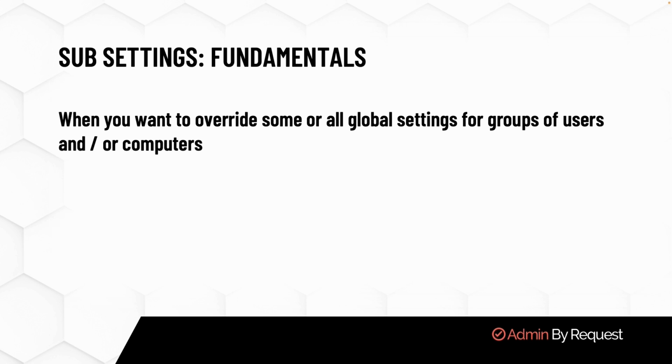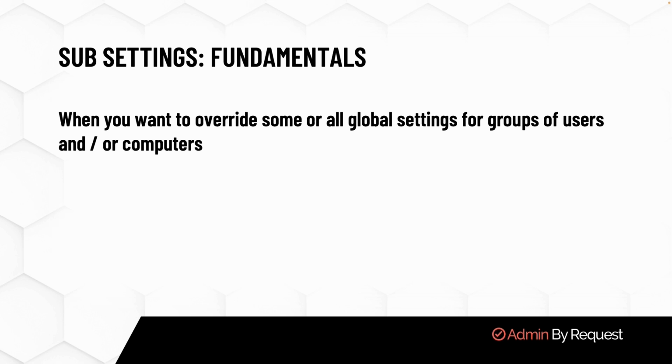So if you have, for example, your global settings all configured, and you have another group of users that you just want to change a single setting for, aside from what you've already set in global, you can create a subsetting that sets that single override from global, so you don't have to replicate all the global settings again to give that group that configuration plus the change.